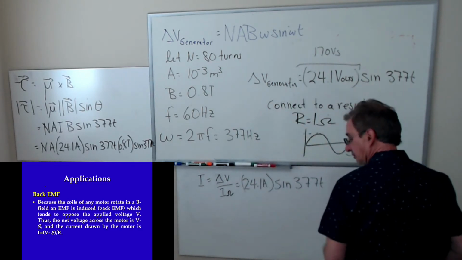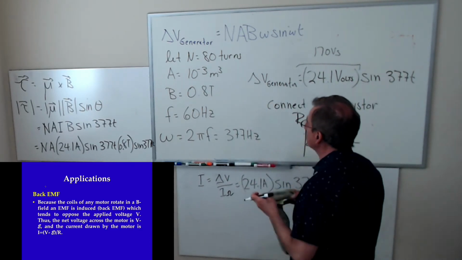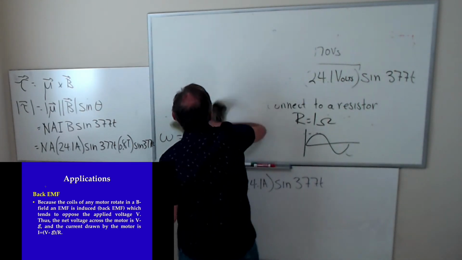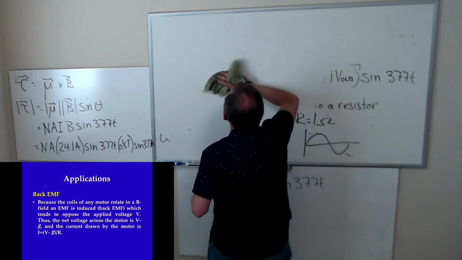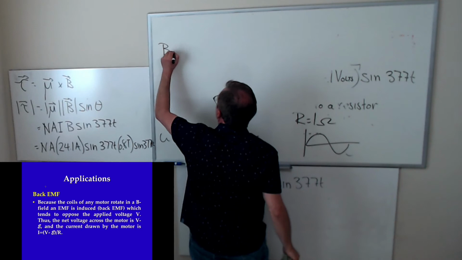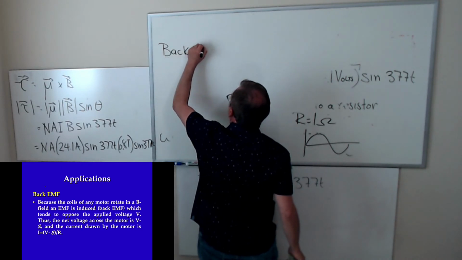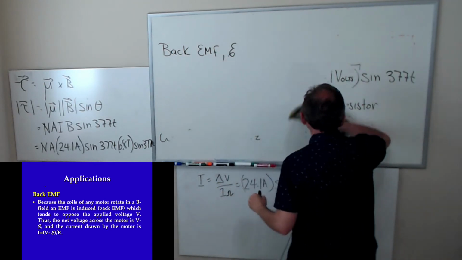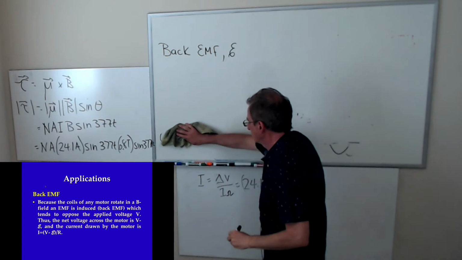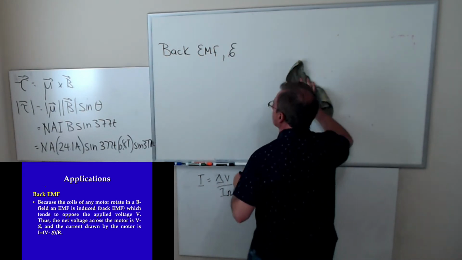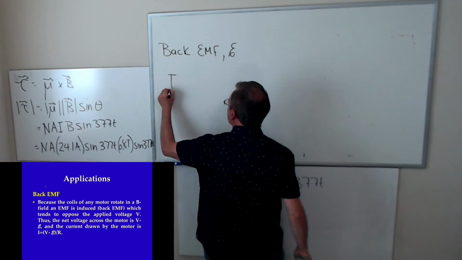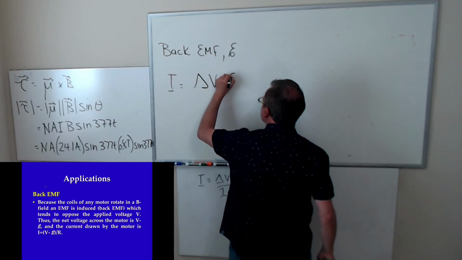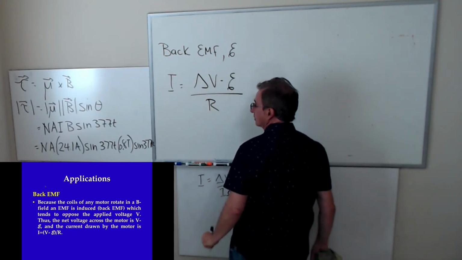So if we denote the script E as the back EMF, we call it this. Then if you have a motor that's running, the current in the motor is going to be the voltage you apply to it minus the back EMF divided by its resistance.